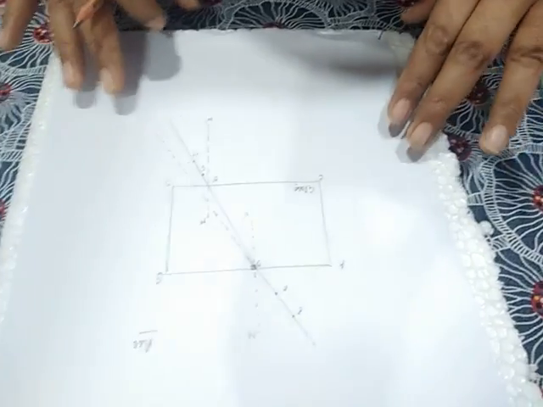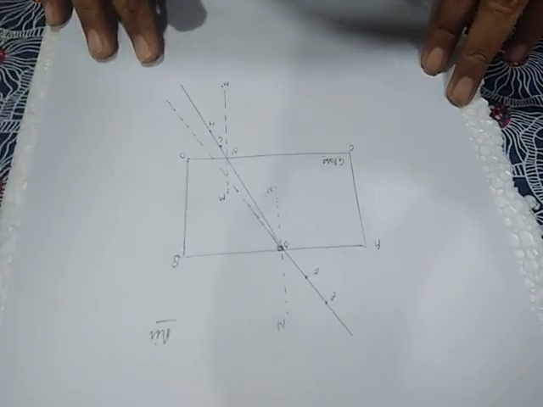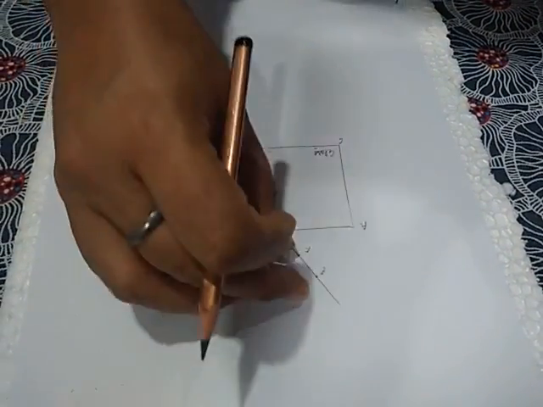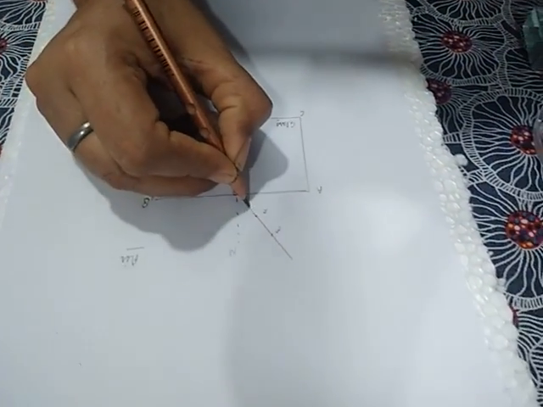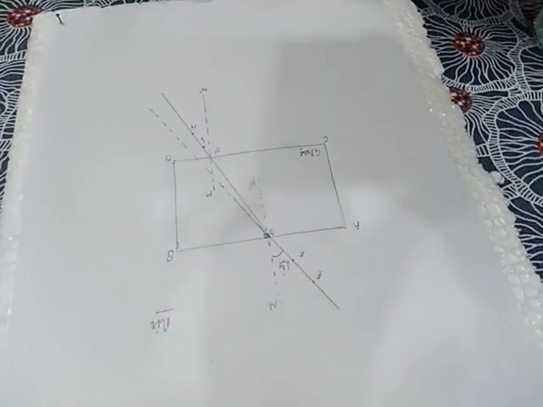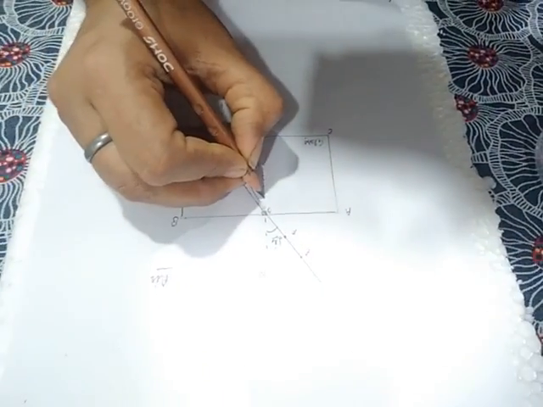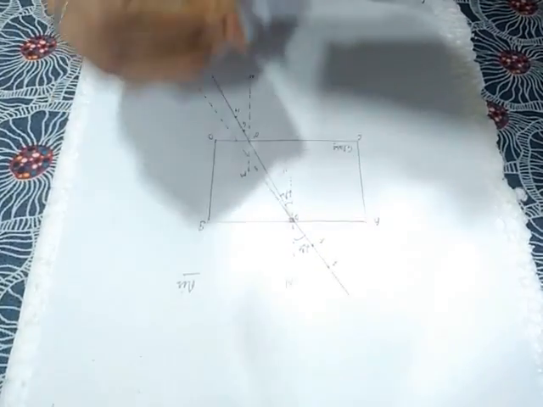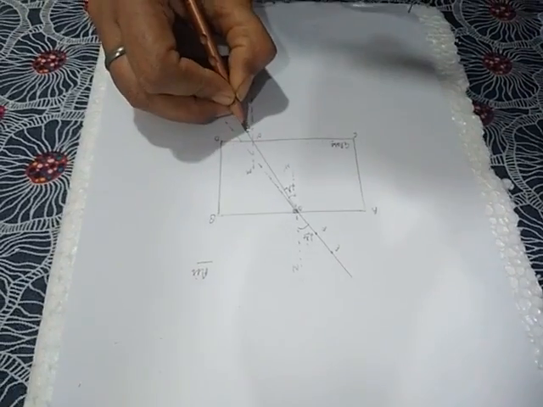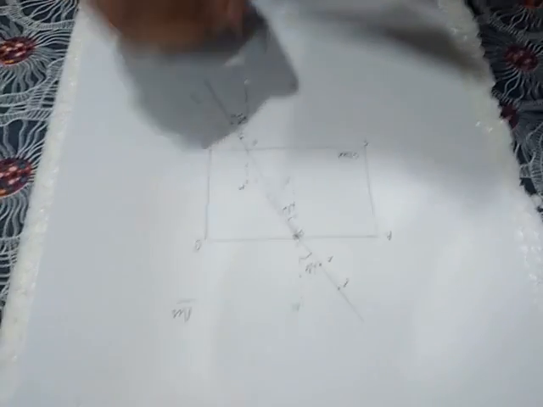So students, this is the activity of refraction through the glass slab. Now you can see, this is the angle i, angle of incidence. This is the angle r, angle of refraction, and this is the angle of emergence.